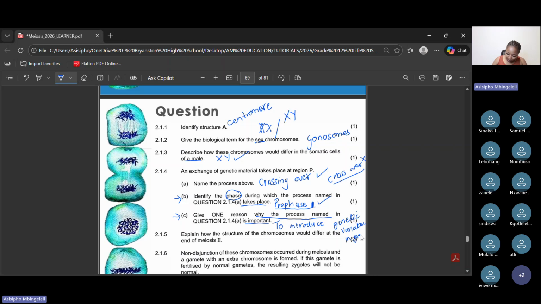Because remember, this process occurs so that we produce gametes that are not genetically identical. To introduce genetic variation in gametes.